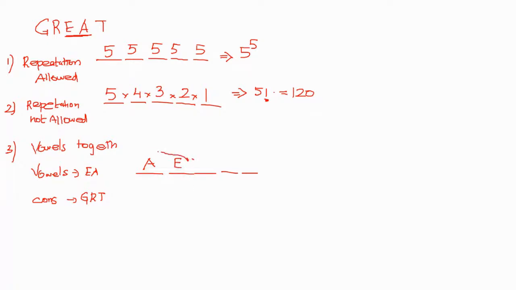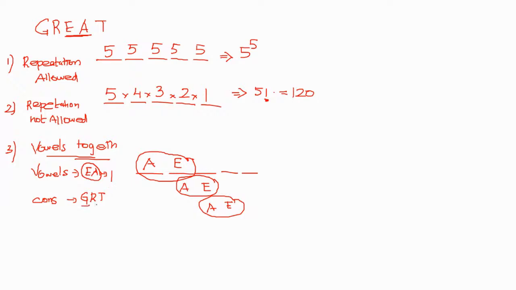So these two places will always be together. If I write A here, E should be placed here, which is together. So what I do is, since the vowels always need to be together, I take these two alphabets as a single alphabet.